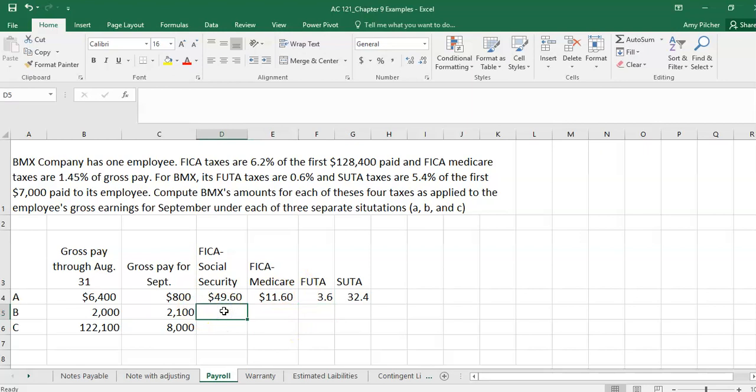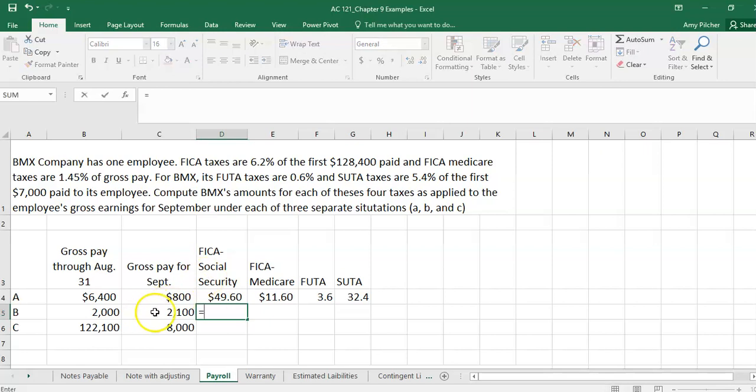For situation B, this employee has not hit the $7,000 amount or the $128,400 amount. So they're going to pay the full amount of the withholding on all of the taxes. So the $2,100 gets applied to all of them.